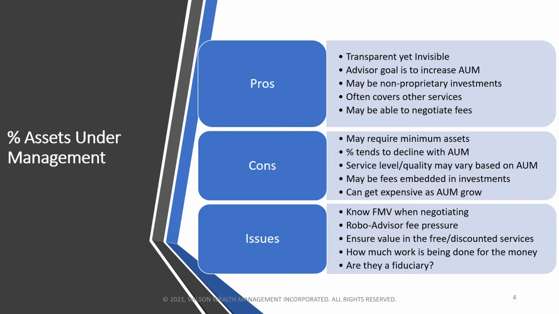The pros of this are, it's transparent, yet it's also invisible. So if I cut a deal with Bank of America, where they're going to charge me 1% of my portfolio with them, then if my portfolio is $1 million, I know what my cost will be on an annual basis, 1% of that.